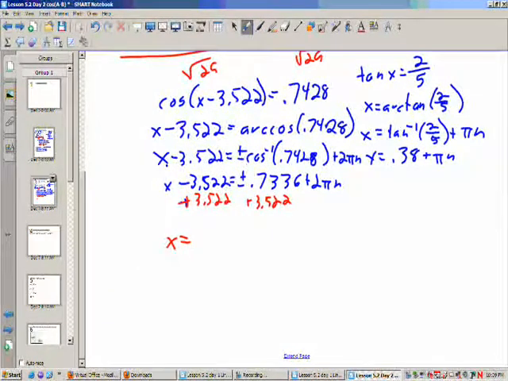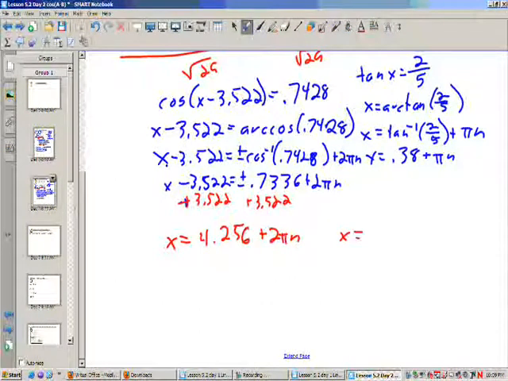X is equal to 0.733 plus 3.522, and that gives us 4.256, let's say, plus 2 pi n, and the other one is going to be negative 0.73358 plus 3.522, which is going to be 2.78, let's say 2.789, oh, 88, that's actually right, plus 2 pi n.